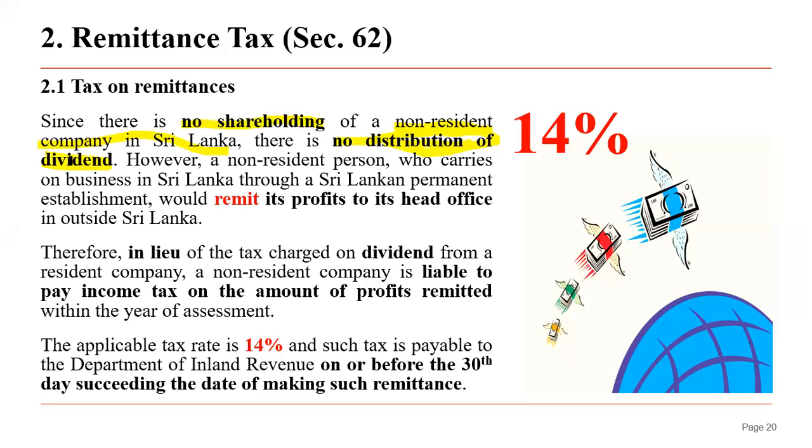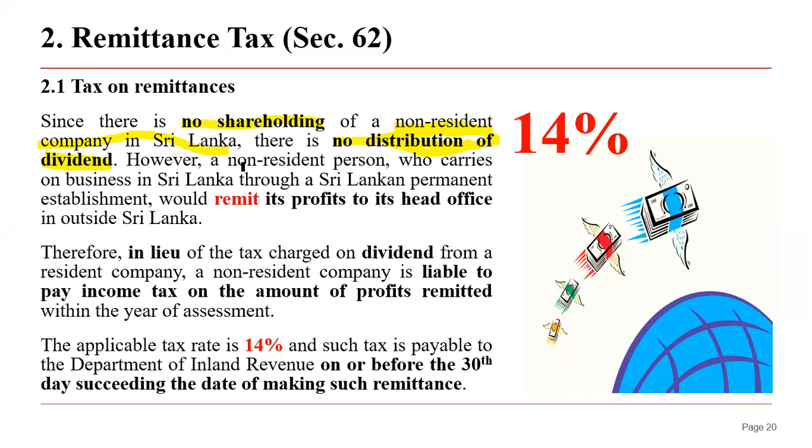For the non-resident company, under the previous Inland Revenue Act, the 3 month and 9 month periods we need to take carefully. I will explain the dividend scenario also when we are discussing the DTA, and compare the provisions of both the remittance tax and dividend tax.